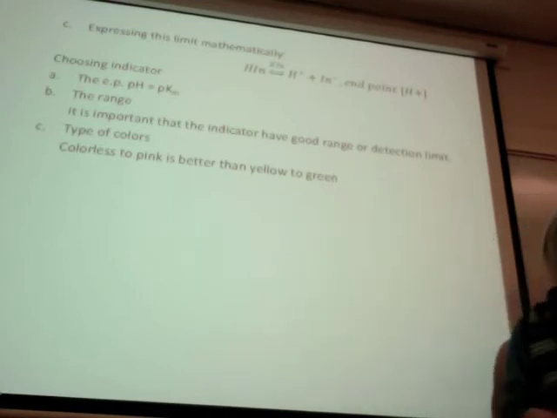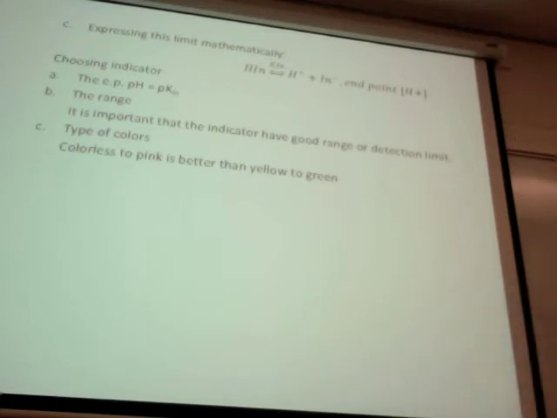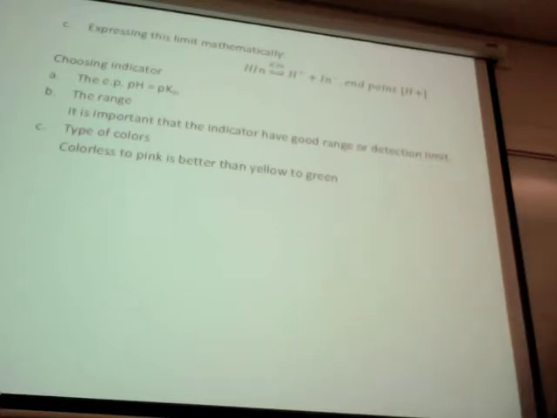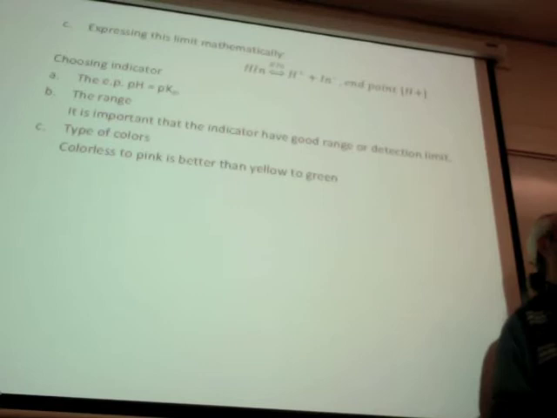If you turn to the front cover page in your textbook for the color, you can see a chart right there. It shows you all the criteria: pH equal to pK, so match the pH. And then the range, some are longer, some are shorter, the little band, and also the type of color.